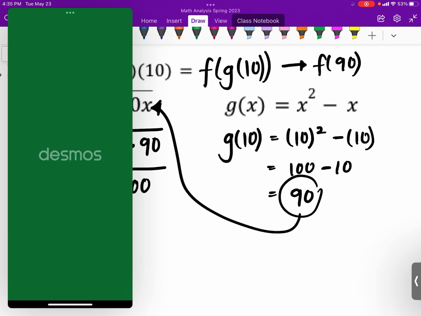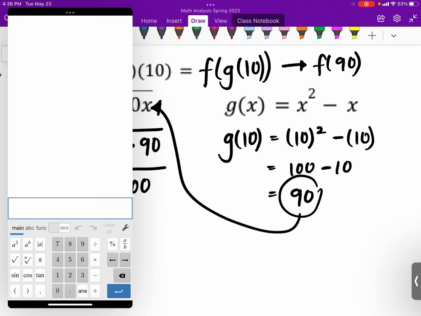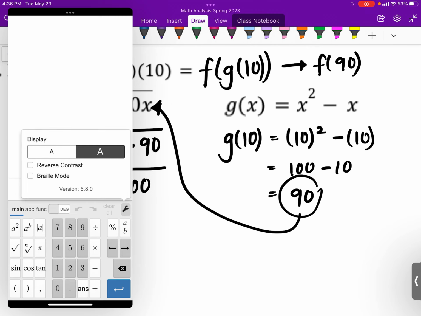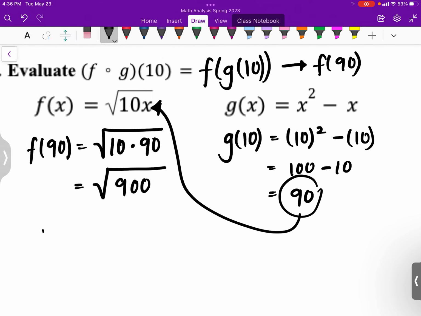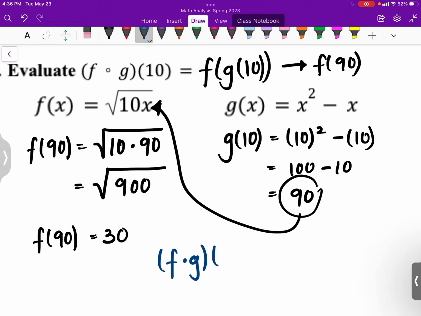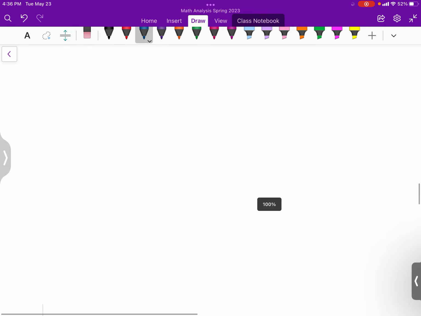And if we take the square root of 900, should be 30 maybe? I could be wrong. Square root of 900, and it is 30. So f of 90 equals 30. Or we can say that f of g of 10 is equal to 30. And that would be our answer.